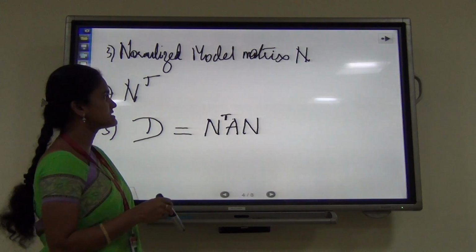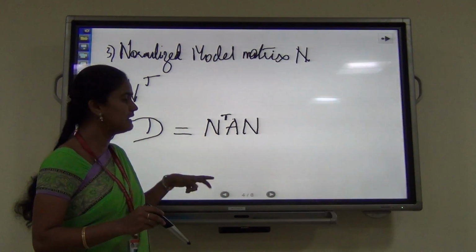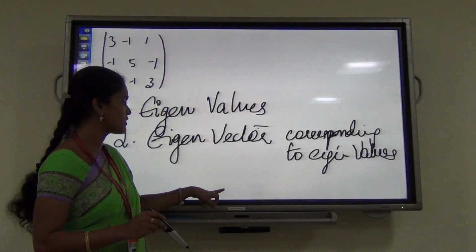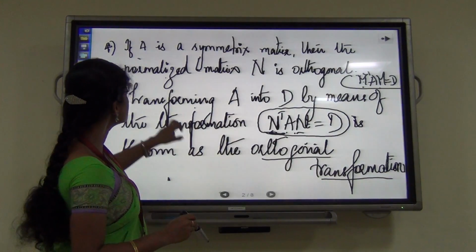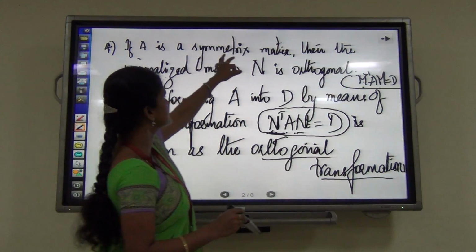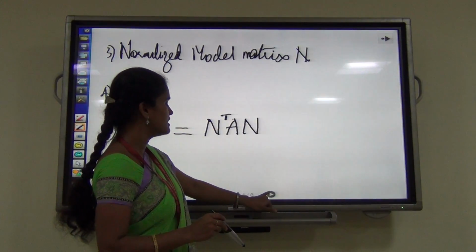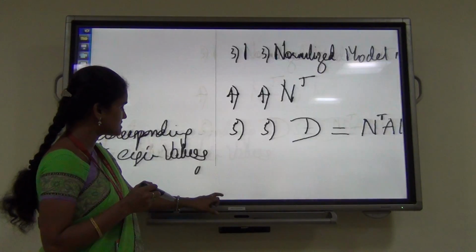So these are the 5 steps to get a diagonal matrix from a square matrix. See here, what does the fourth point say? A is a symmetric matrix. So only a symmetric matrix can be taken for orthogonal transformation. What is the third point again?